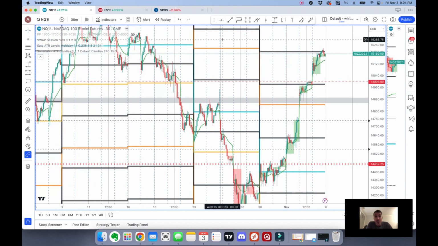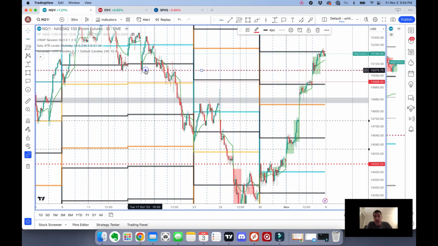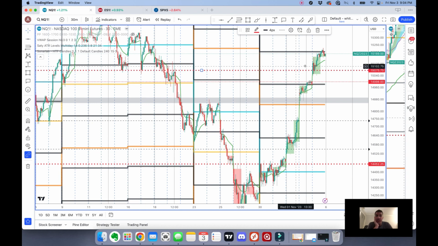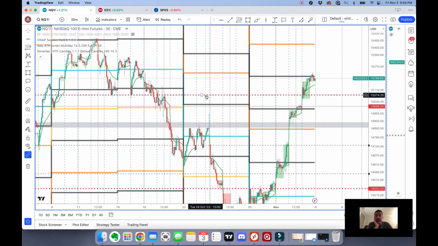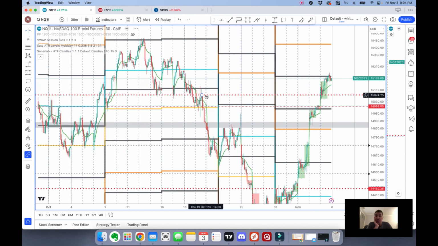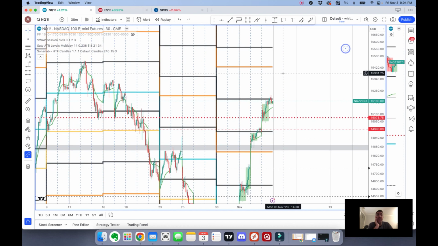So now looking forward, remember what was an important support two weeks ago? It was right there. You see how it also is holding it right here. So going into next week, that is going to be a critical place. So keep that line, and as long as we stay above it, we have momentum to the upside.